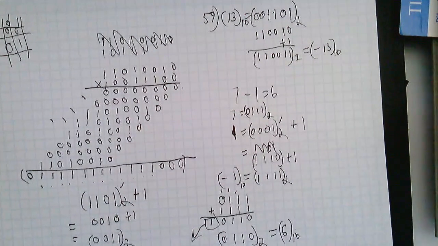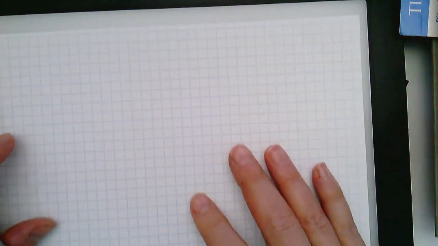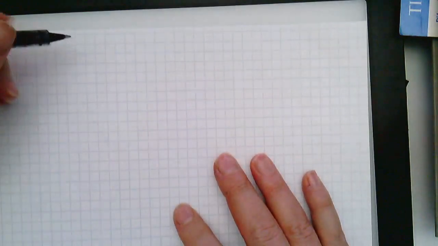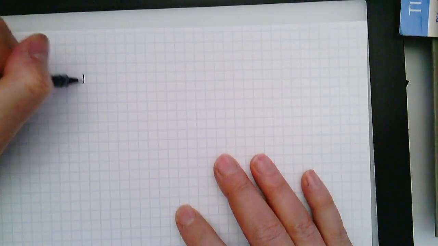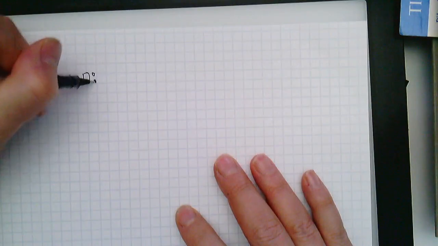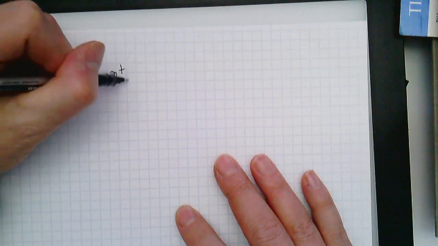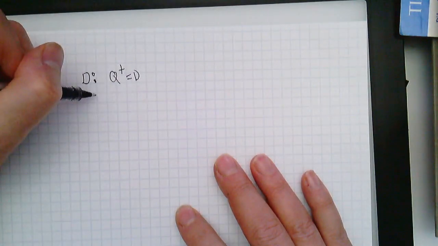So in our last exciting class, we were looking at some characteristic equations, and we saw that for the D flip-flop, the next state, Q plus, is equal to D, to the input.